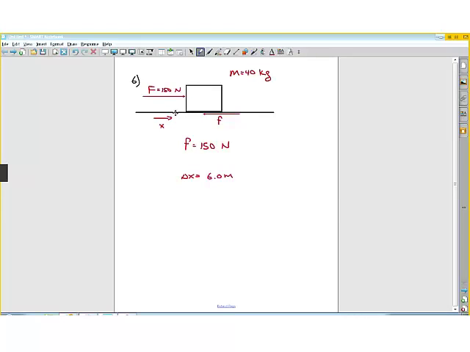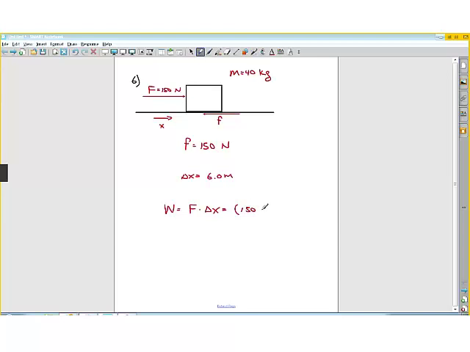Okay, so let's find the work done by the 150 newton force. So work is equal to force. When you have a constant force, it's just equal to the force times the distance. And this force is pushing in the positive direction, so the work done by the 150 newton force is positive.